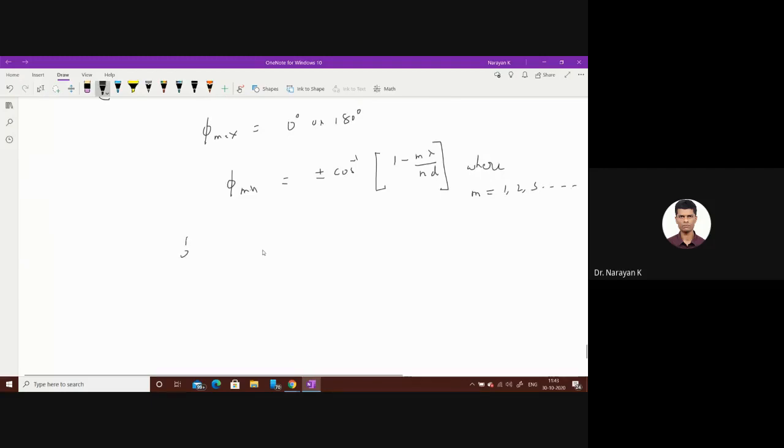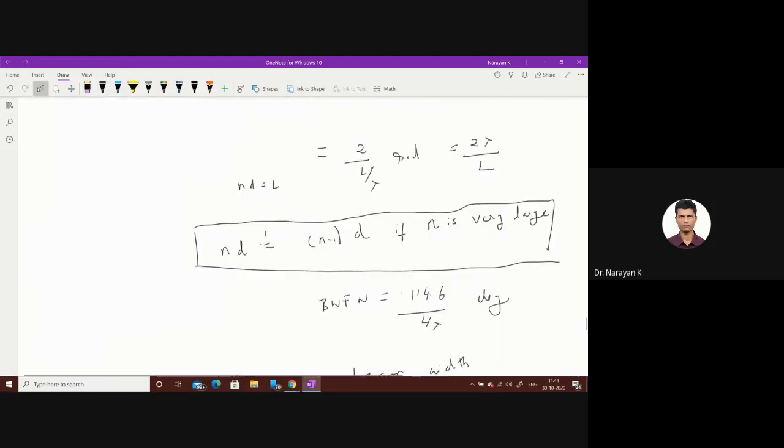Next, write down phi of side lobes is cos inverse of, so plus minus will come outside. The same thing, 1 minus (2m plus 1) lambda divided by 2nd.